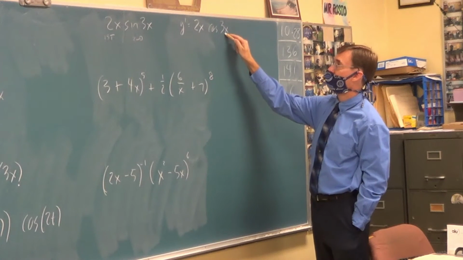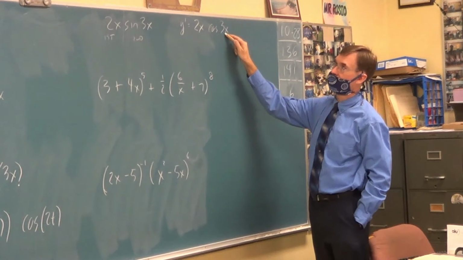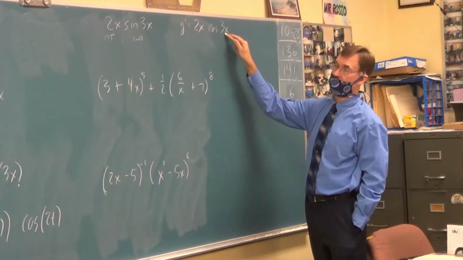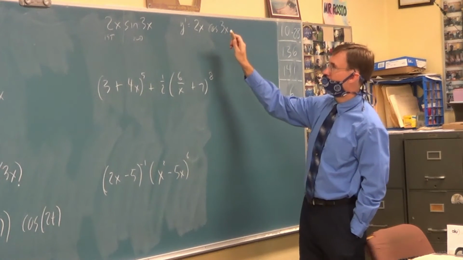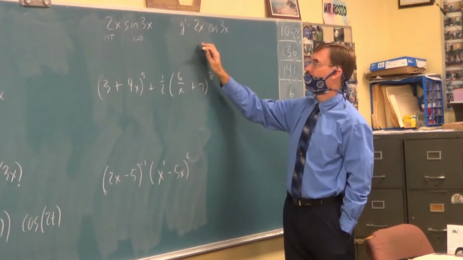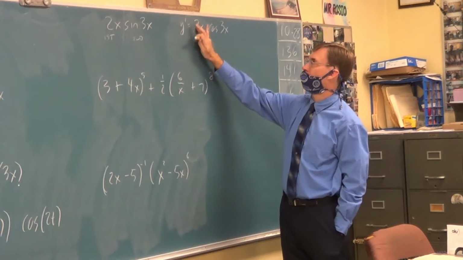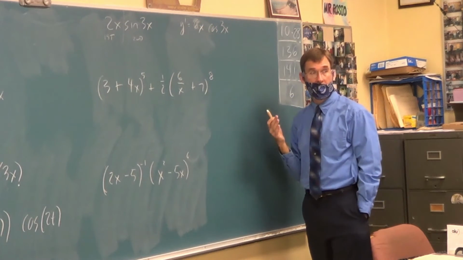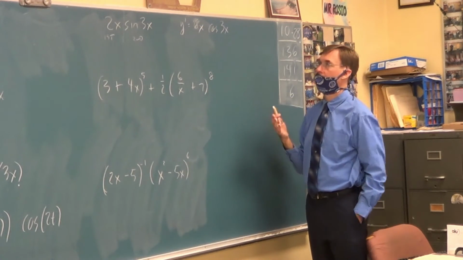Still 3x. Then we have to do the derivative of 3x, which is 3, and the best place to put that, change the 2 to a 6. And then we're done? No, we're only halfway.